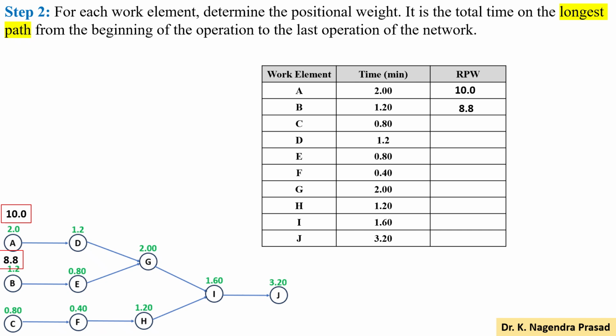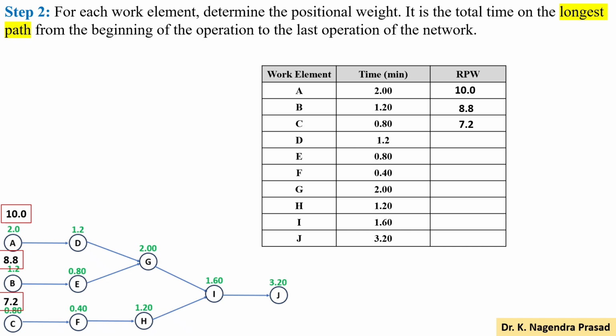So next for the work element C. For the work element C, there is also only one path. That is CFHIJ. So positional weight is 0.8 plus 0.4 plus 1.2 plus 1.6 plus 3.2. It is 7.2. So RPW value for the work element C is 7.2.